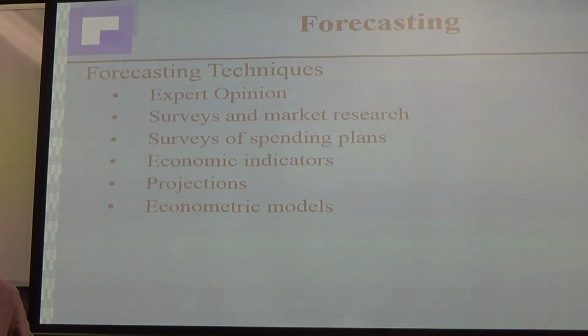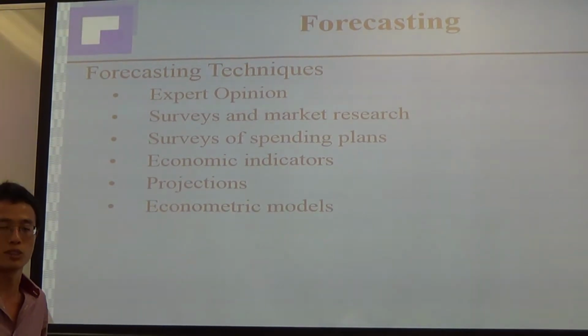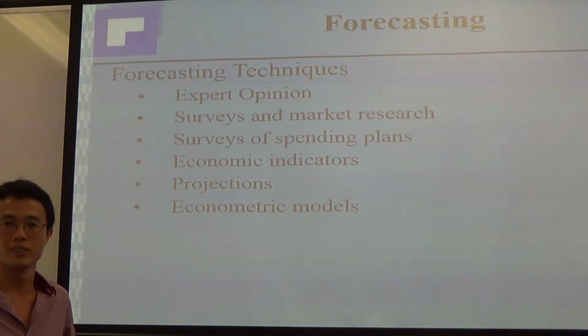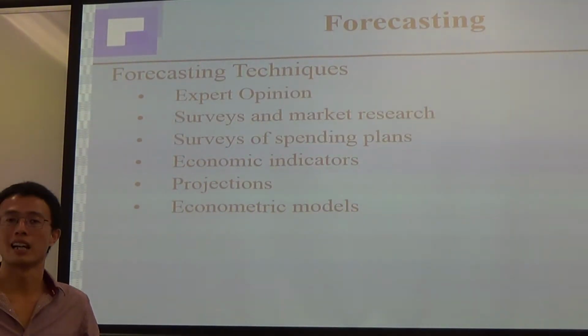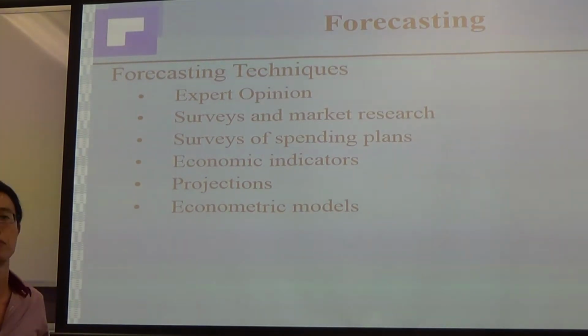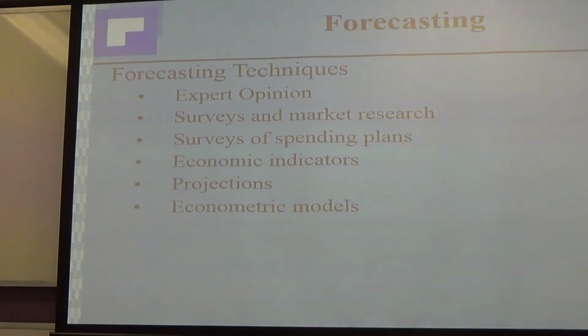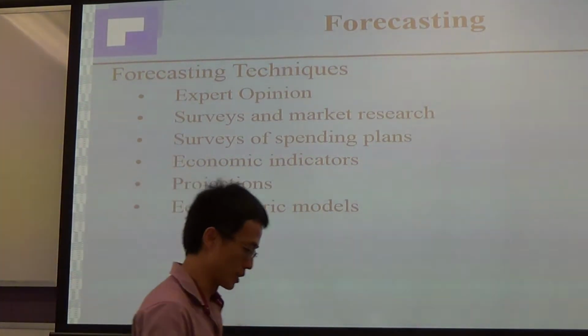their opinion on how many dollars your sales revenue is going to be for next year. One man says 20 million, and another man says 25 million, and from here you get a forecast. So that's expert opinion. You can also survey and do market research.